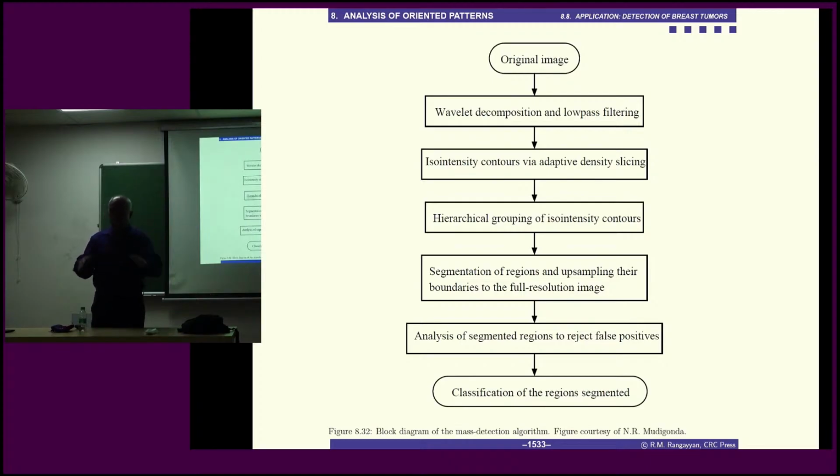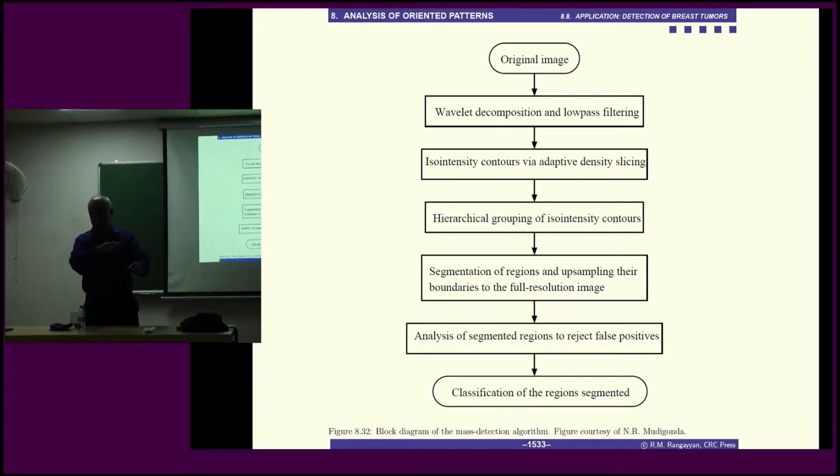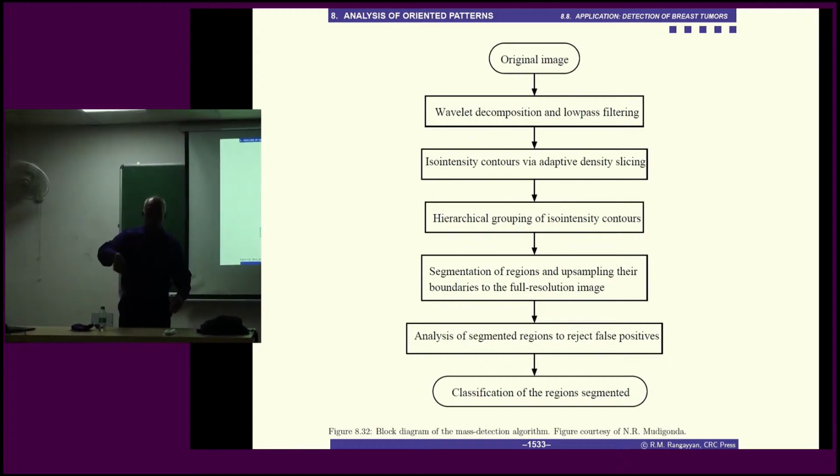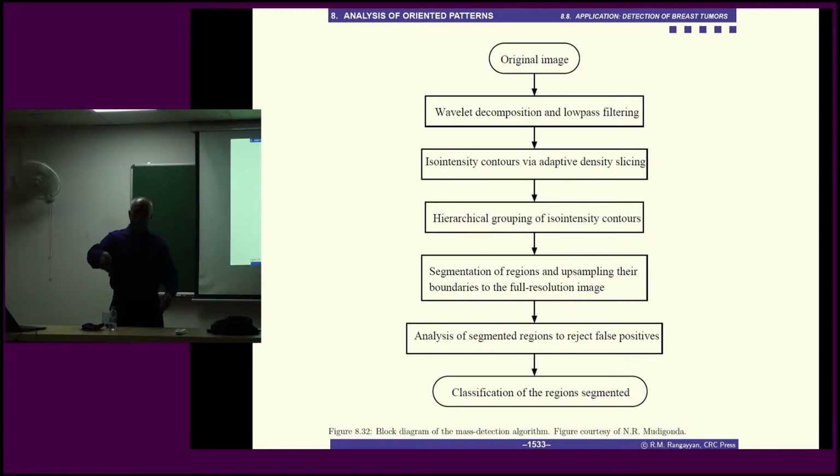So if you smoothen the image, apply a low-pass filter, all the minor details will be suppressed, and this mass will become like a mountain. And if you cut the result into slices based on density, you get iso-intensity contours that are closed loops, where along each contour you have the same pixel value.